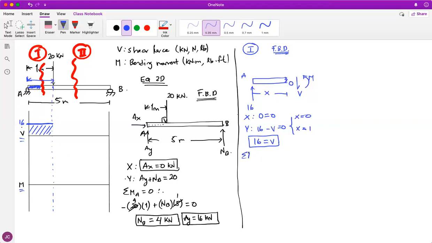So now you need to do moment. You can choose any point, but the best point to find the moment for this analysis is the O point. Why? Because you will delete the shear force, so you don't get into trouble. Okay, so let's go with this.